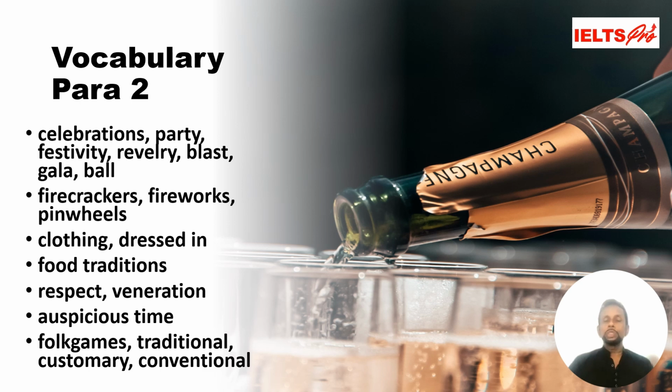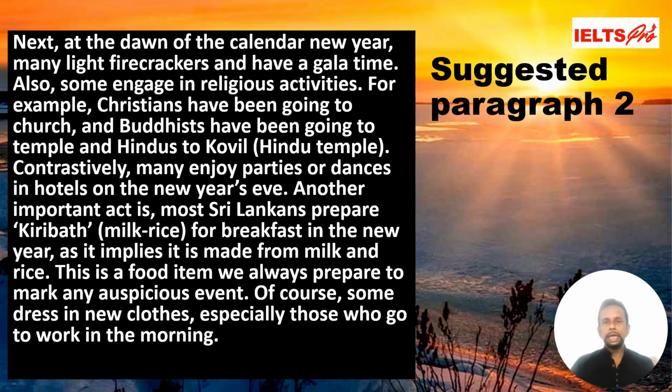So these are some words which go along with the second point in the question. Here is a suggestion. Once again, you may construct a far better paragraph. This is just a sample.